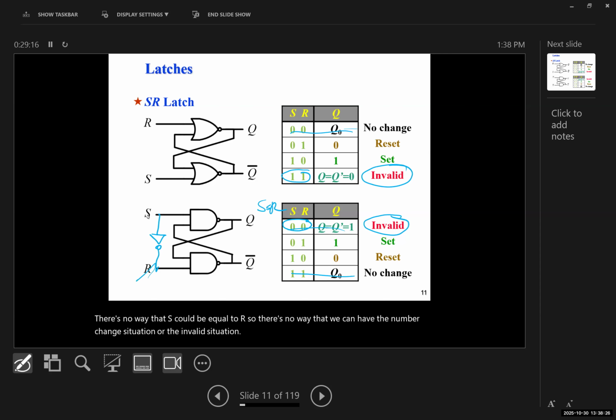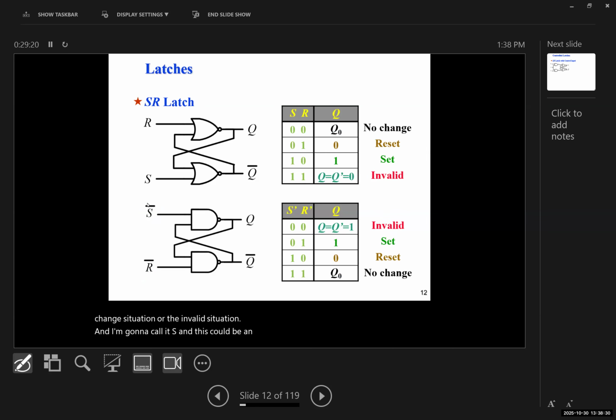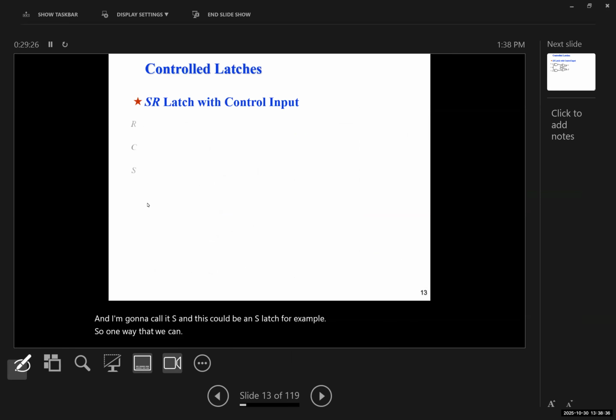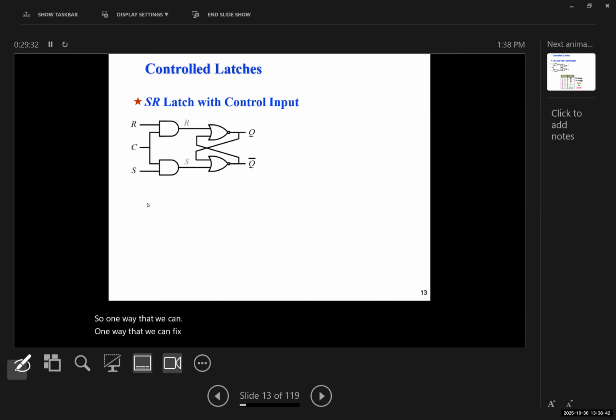I'm going to call it an S latch, for example. So one way that we can fix that, and I'll explain more about it later, is to connect the S and R with the NOT gate together.